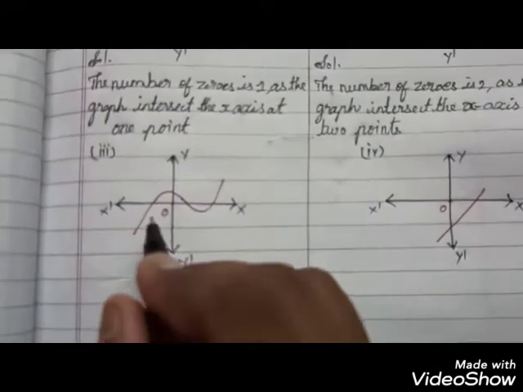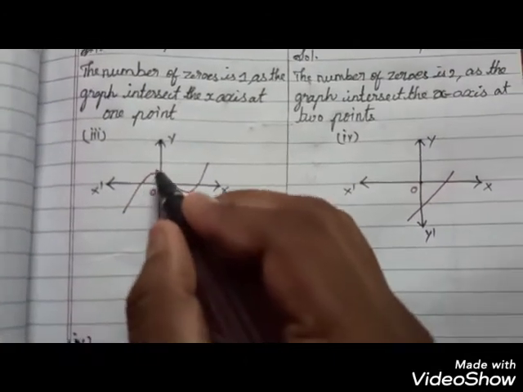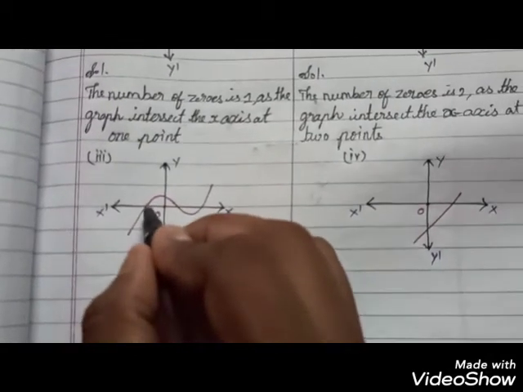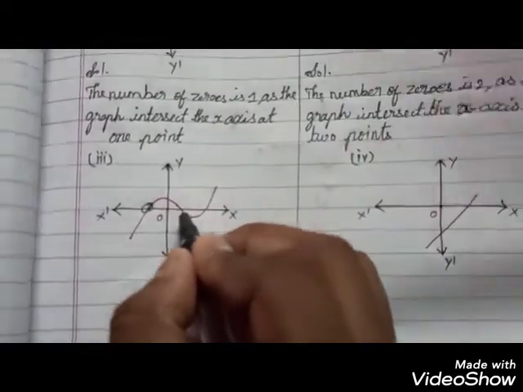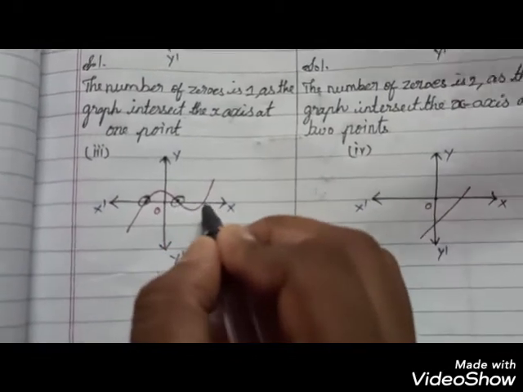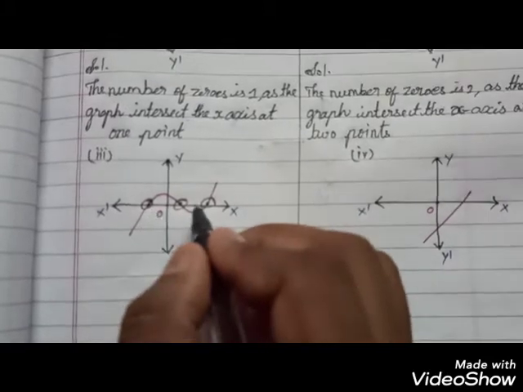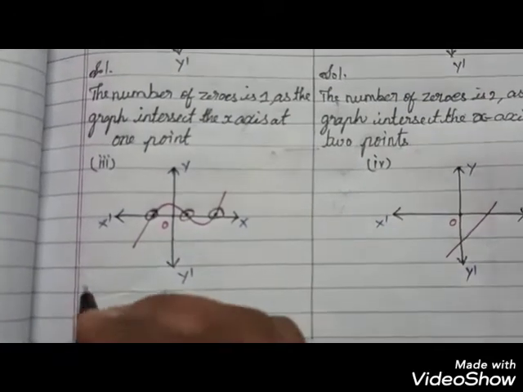Now we move to the third question. Here you observe the graph going like this. You see, it touches 1, then 2, then 3. So the graph intersects the x-axis at 3 points.